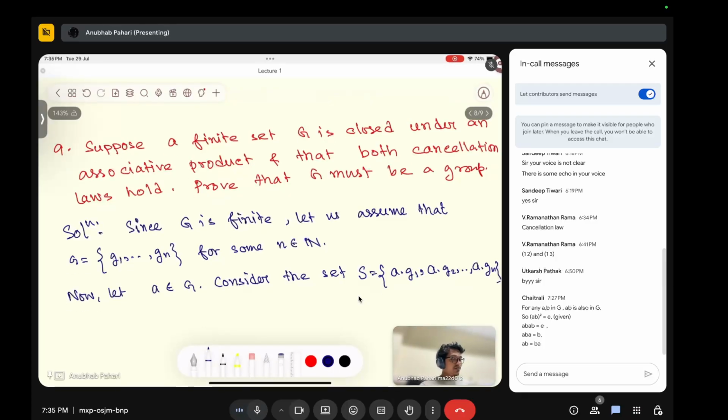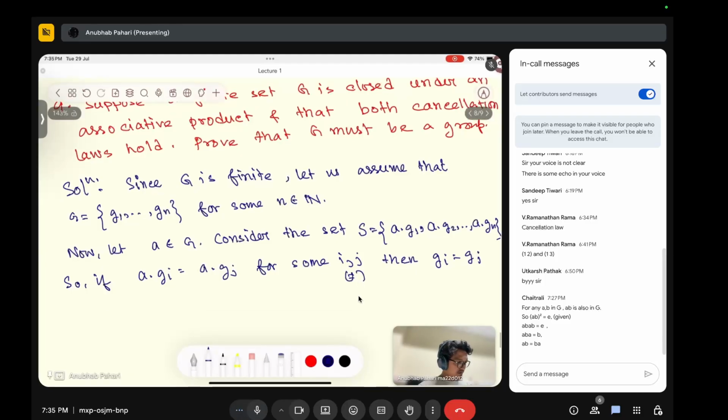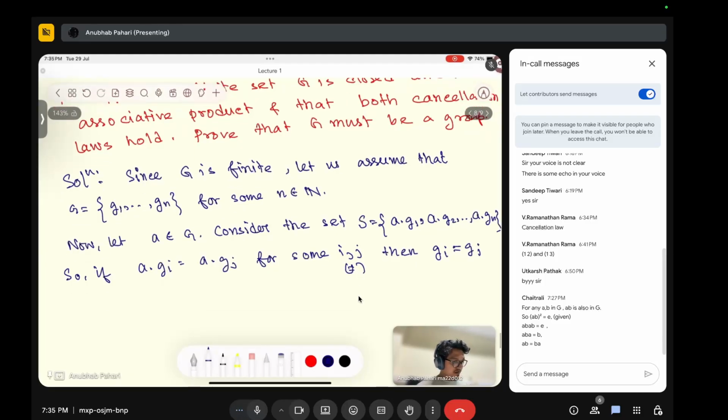Now we already said that cancellation laws hold. So if a gi equals a gj for some i, j, then gi equals gj, i not equal to j. Contradiction.